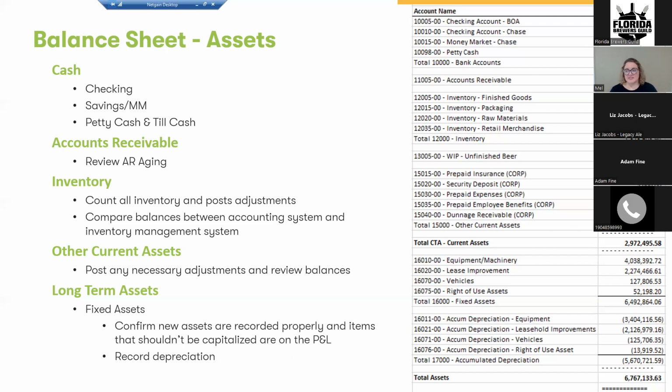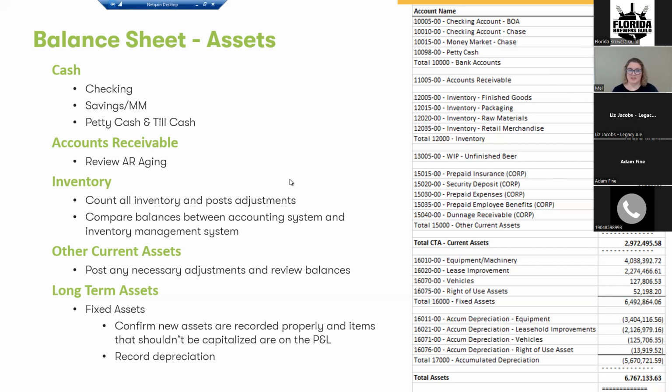And then accounts receivable, really important to just review your AR aging. You want to make sure that your AR aging schedule ties to the balance sheet I have up here. This is just the asset section, and it's just a random example. But for your AR, you just want to make sure you're reviewing your aging and that your aging schedule matches your balance sheet.